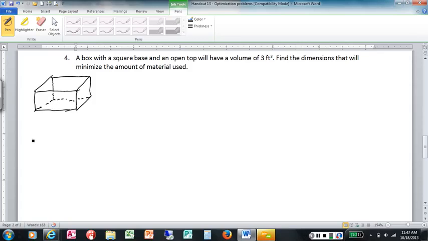So the base dimensions are square, so I've got the same dimension here as I do here. Let's call those x. Okay? So the base is a square.